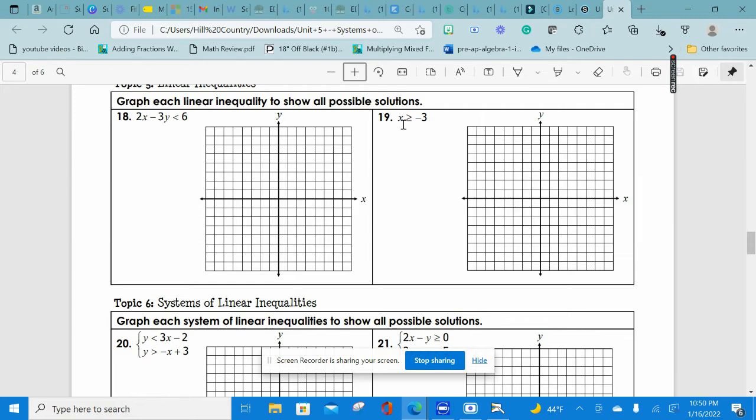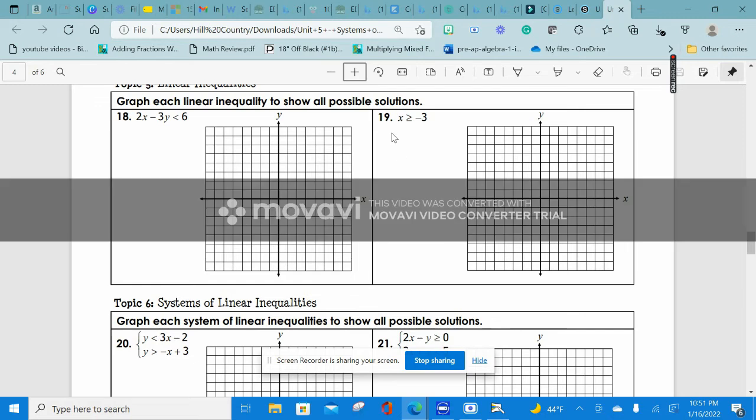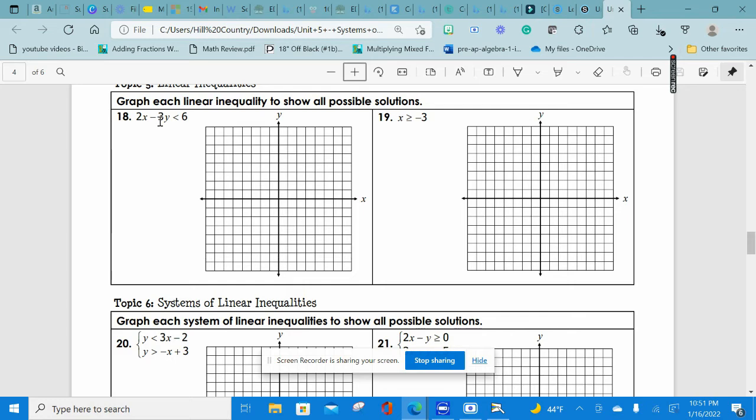For number 19, you would just go to -3, which would be over here, -1, -2, -3. This is a vertical solid line. Put a vertical line through that -3. Notice from left to right, it says x is greater than or equal to. So I want to shade everything over here where x would be to the right side of the -3. For this one, number 18, put it in slope-intercept form.